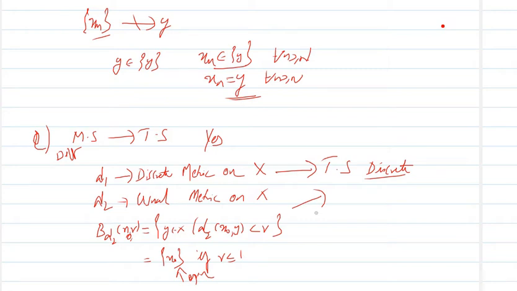Now we will define some more topological spaces. First one, cofinite topology. Let X be any set and a subset A of X is said to be cofinite if its complement, that is X minus A, is finite.